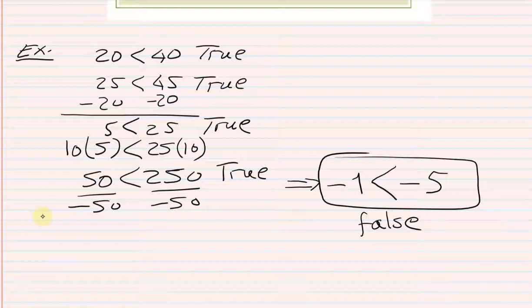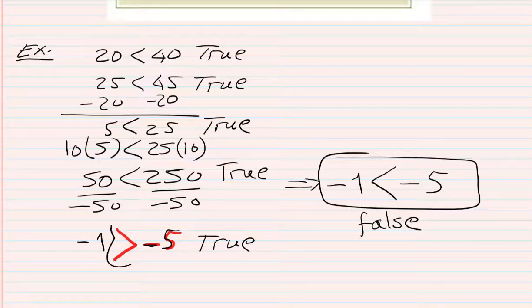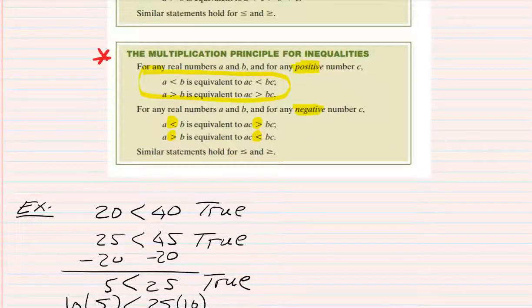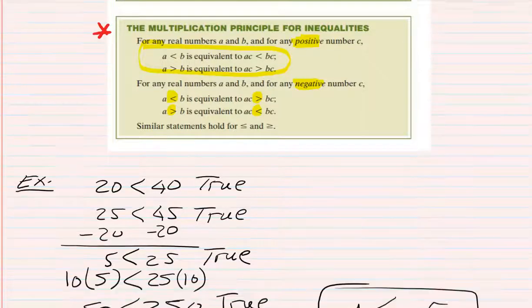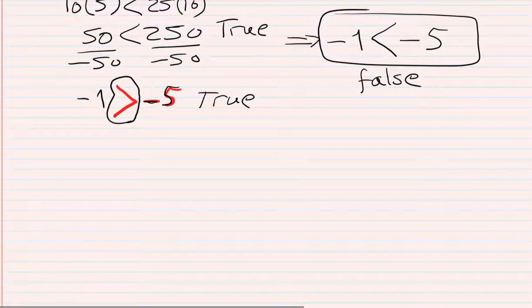Therefore negative 1 is greater than negative 5, and we change the direction to force it into a true statement. Again, true. So here the direction of inequality needs to be changed, and that's what both of these parts are telling us. Keep in mind, if you multiply or divide by a negative number, you need to change the direction or sense of the inequality.